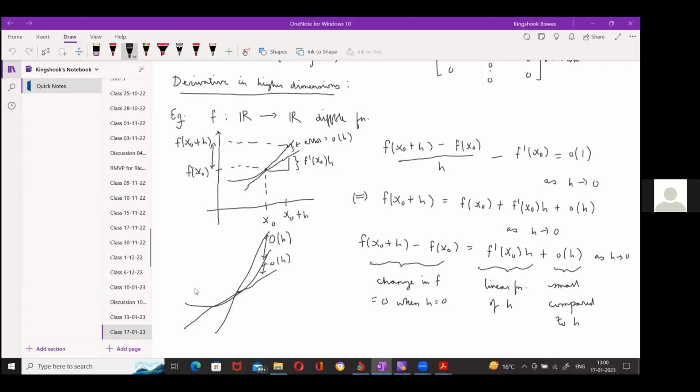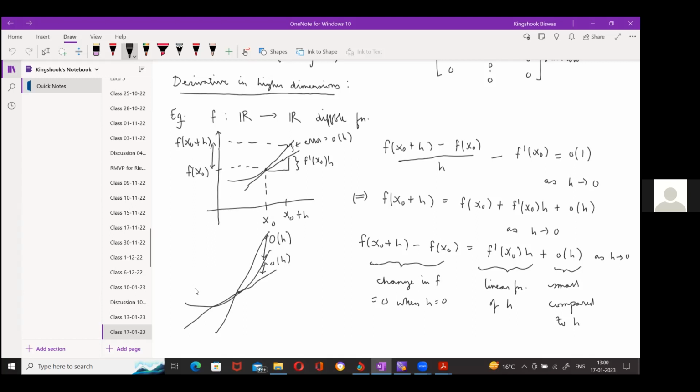So by the triangle inequality, the distance between this second line and the graph will also be big O of h. I'm moving an amount big O of h from the second line to the first line, and then I can move up at most by a little o of h. So the error term will stay big O of h.